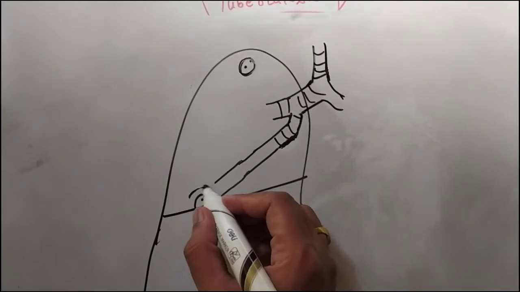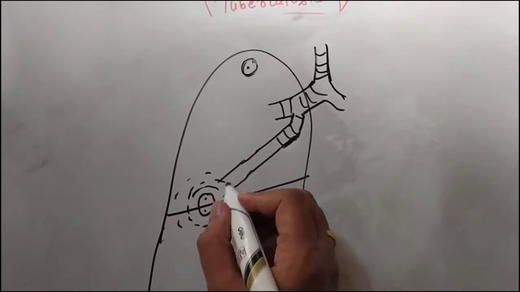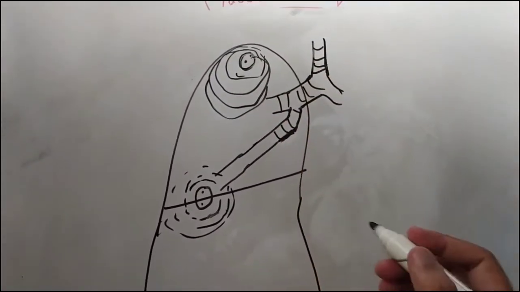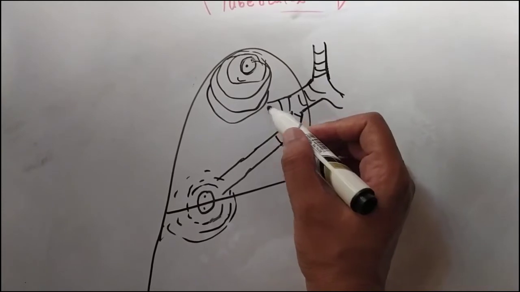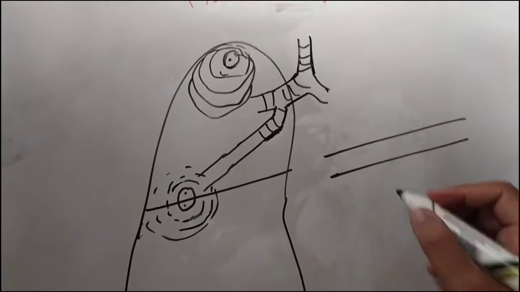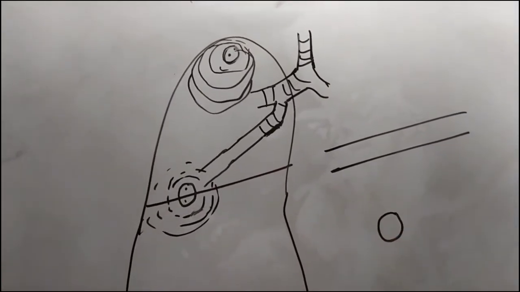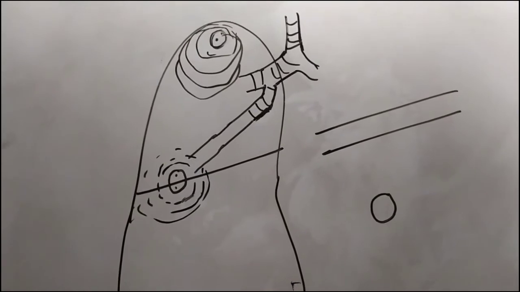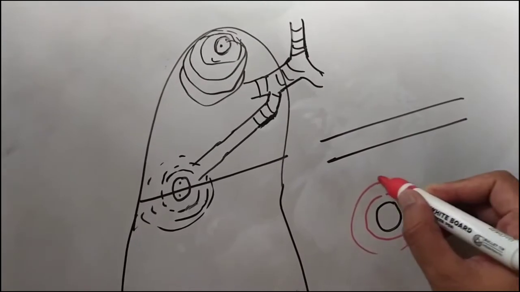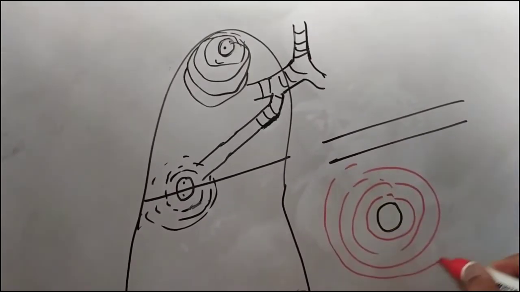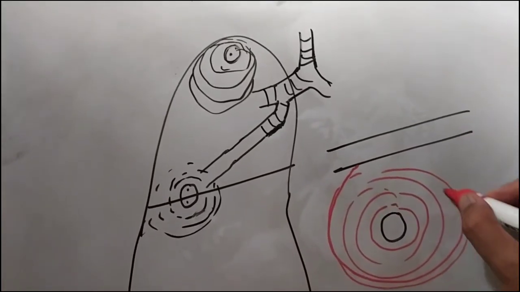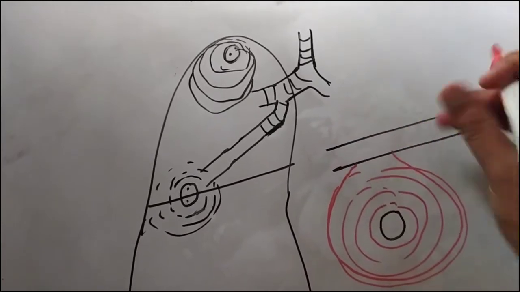So the cavity will just increase its size. Let's suppose the cavity is increasing its size, and a time will come that it will actually combine with the nearby airway. Let us suppose that this is a nearby airway, and the initial cavity was here, and now the cavity starts to progress and ultimately involves the airway.